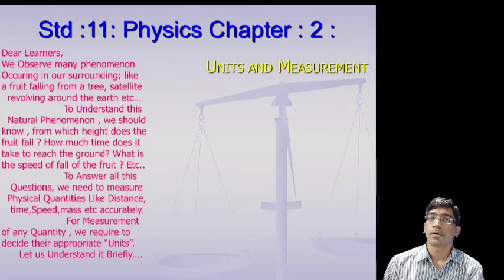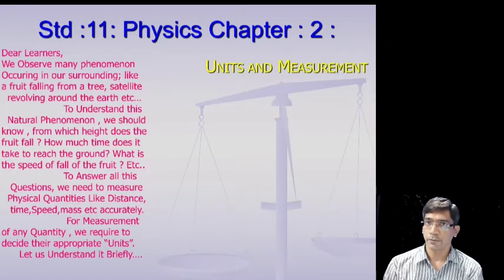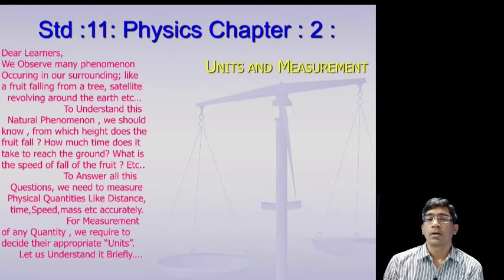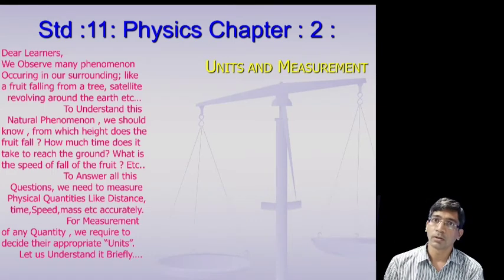In our day-to-day life, many events take place around us. We observe many phenomena occurring in our surroundings, like a fruit falling from a tree, or a satellite revolving around the earth.